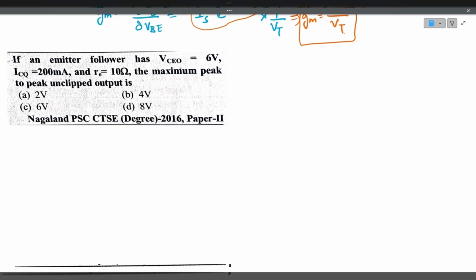If the emitter follower has VCEQ, the Q point, as 6 volts and ICQ as 200 milliamps, and the emitter resistance is 10 ohms, what is the maximum peak-to-peak unclipped output? If you see the output characteristics, it will be like this.